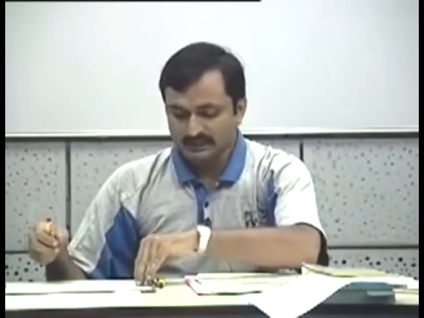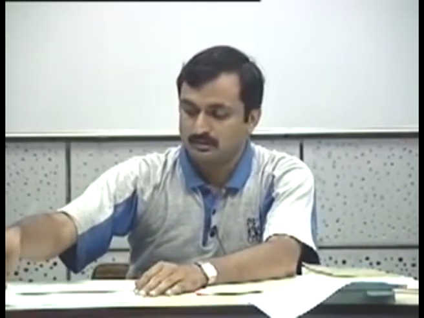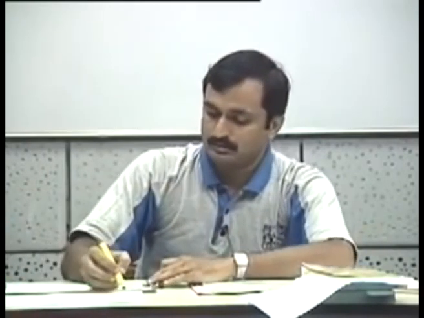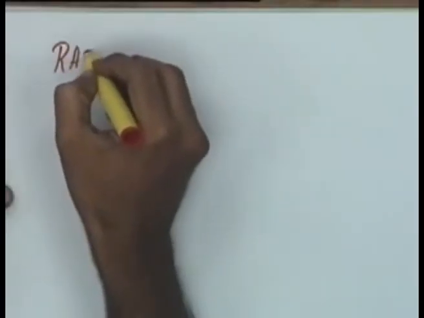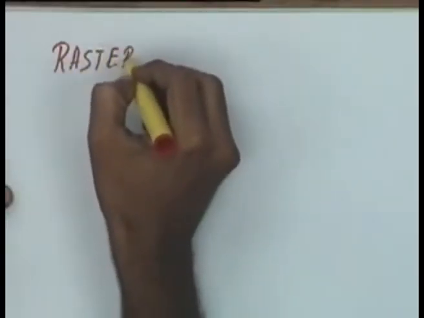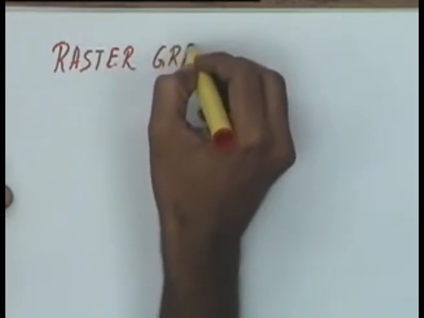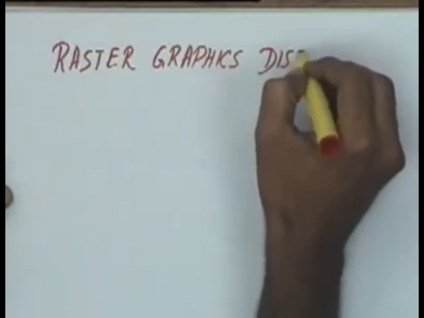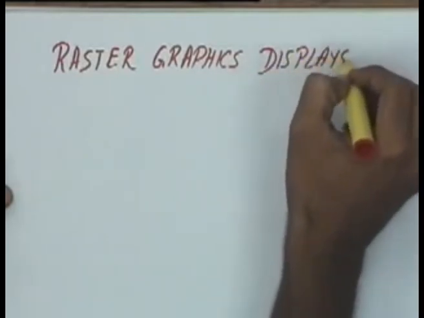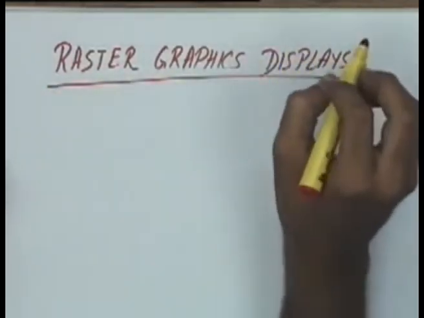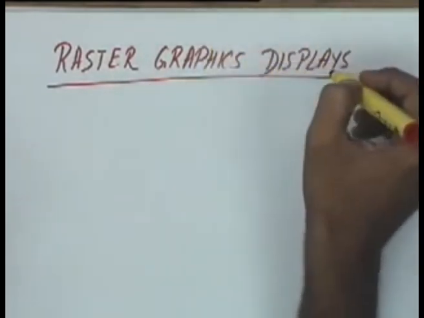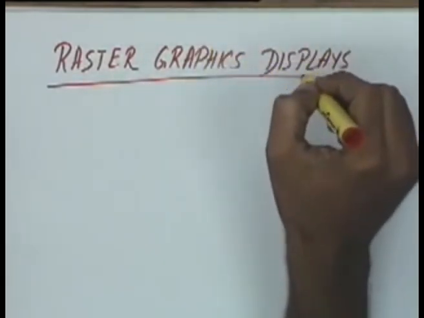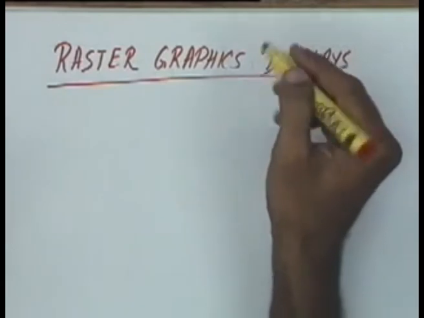Okay. In that case, I will briefly start the topic of raster graphics. We are coming back to this topic, and we will see how the raster graphics displays are programmed for drawing different kinds of entities.